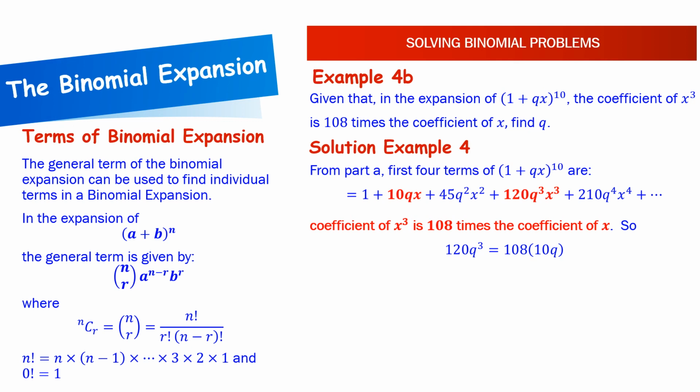We have that the coefficient of x is 10q and the coefficient of x cubed is 120q cubed. And since we have that the coefficient of x cubed is 108 times the coefficient of x, we have 120q cubed is equal to 108 times 10q.